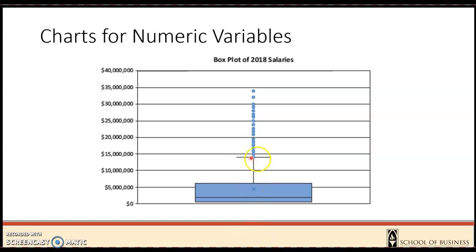So what does this little line represent? This is what we call the whisker. The whisker extends on either side of a box plot by 1.5 times the interquartile range. Why do we do that? Remember, we like the interquartile range because it's more stable than everything else. Since the whisker extends 1.5 times the interquartile range, it's a useful way of identifying outliers.